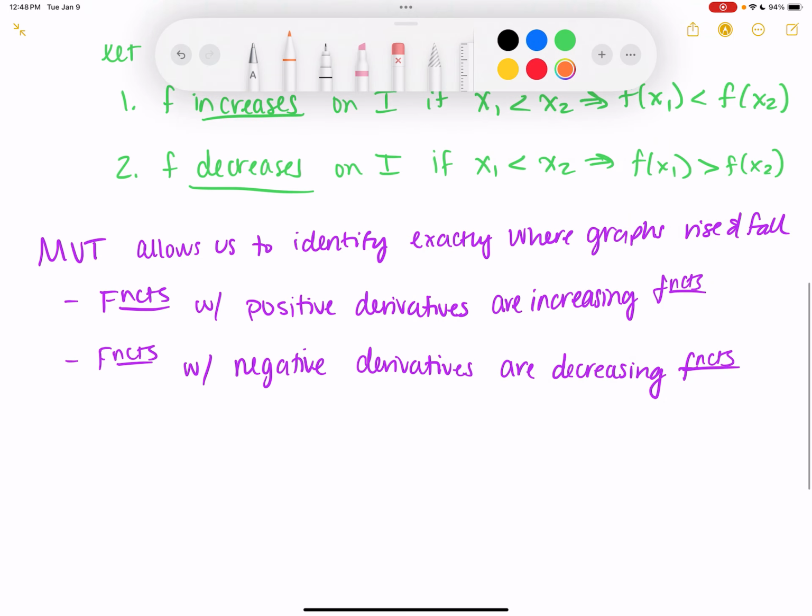All right, we have a corollary for increasing and decreasing functions.